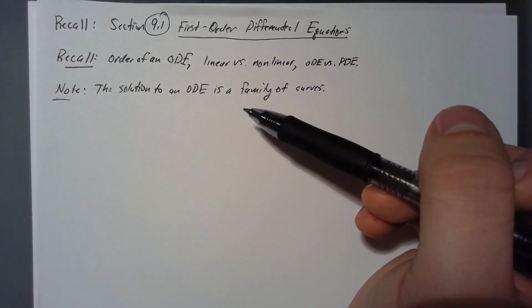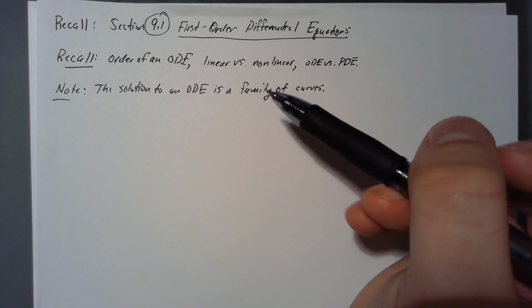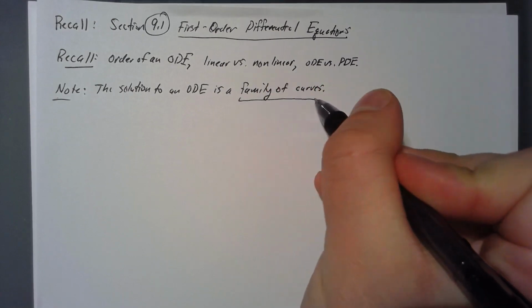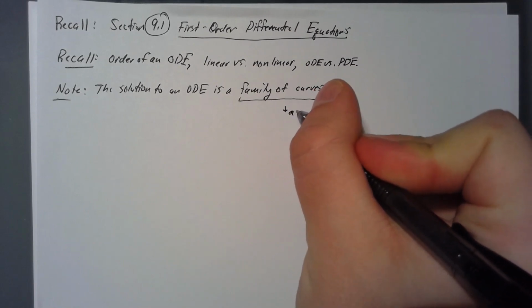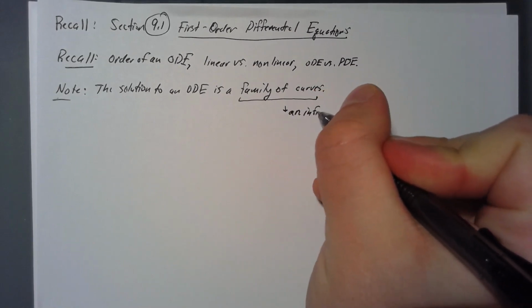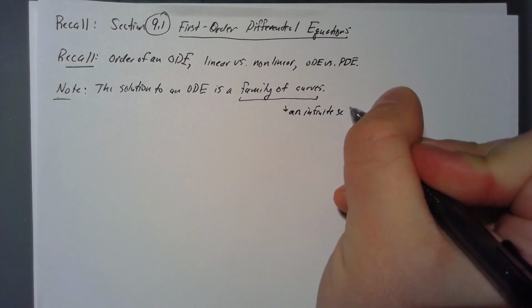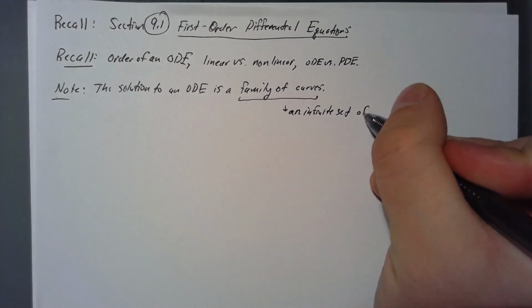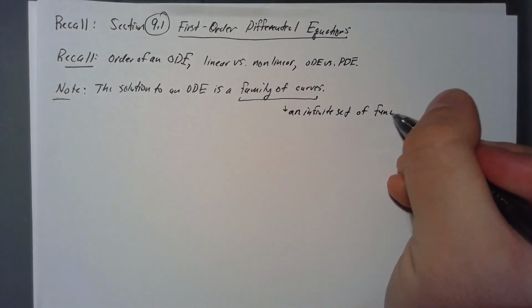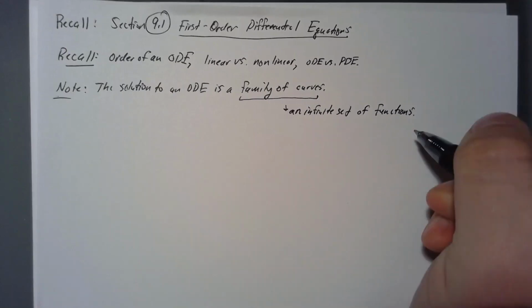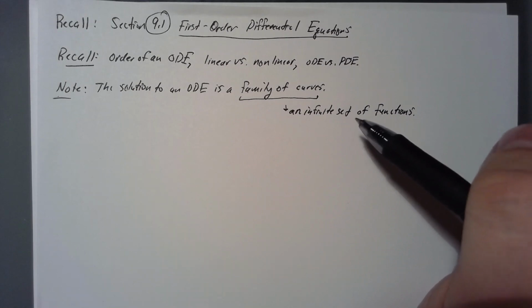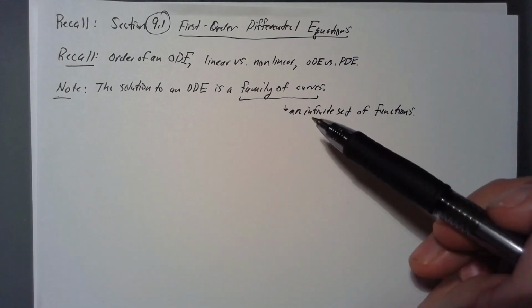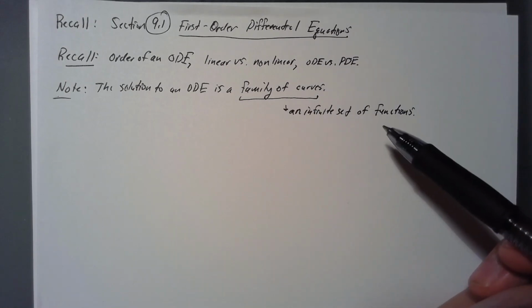A family of curves is just another way of saying an infinite set of functions. So remember, the solution to an ODE is a set of functions, whereas the solution to an equation is a set of numerical solutions.